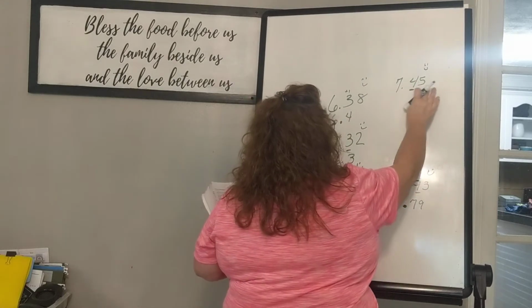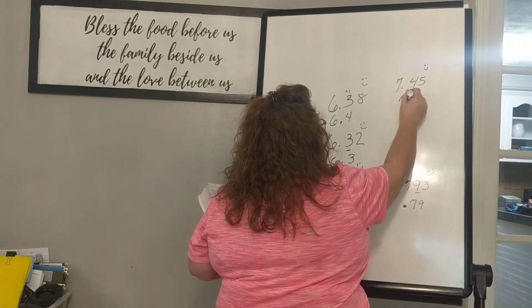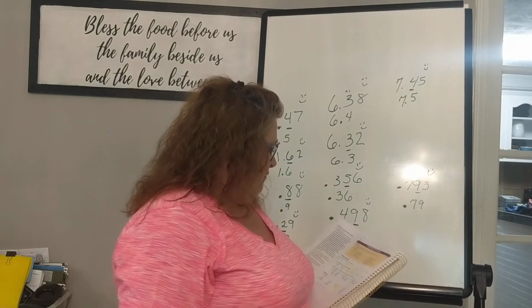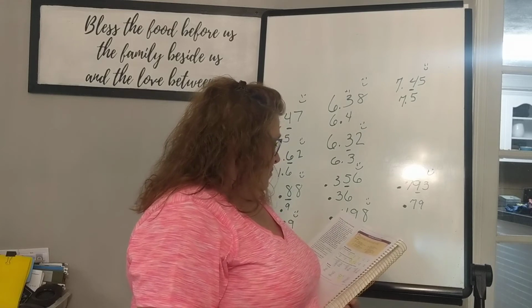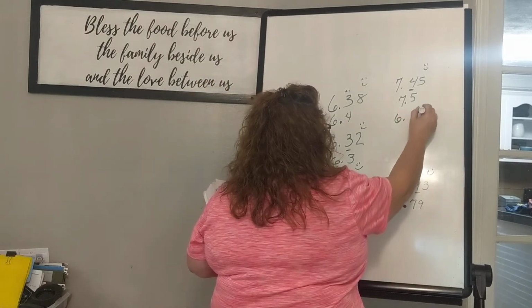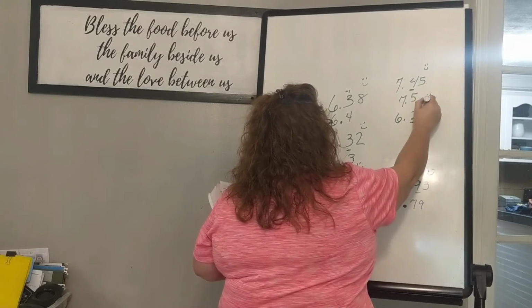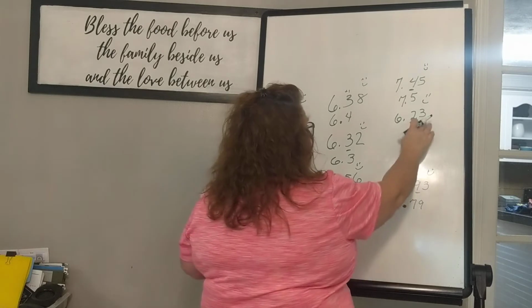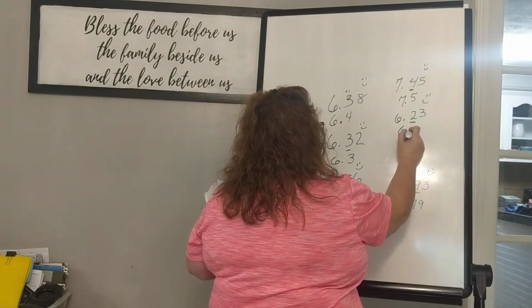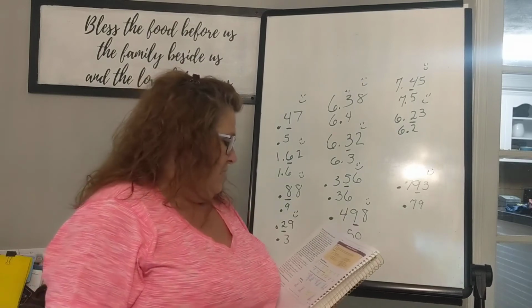It's 5 or more, so we know we will add 1 to the digit that we are rounding. So it will be 7.5. And the last one, we have 6.23. We're rounding to the nearest tenth. The digit after is our looker digit. It's less than 5, so that tells us we leave our rounded digit alone, and it rounds to 6.2.